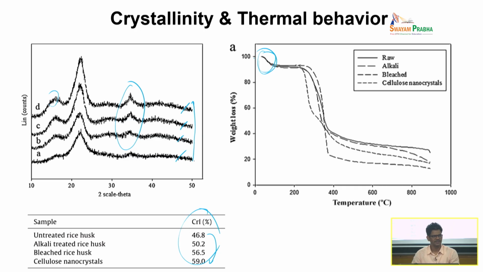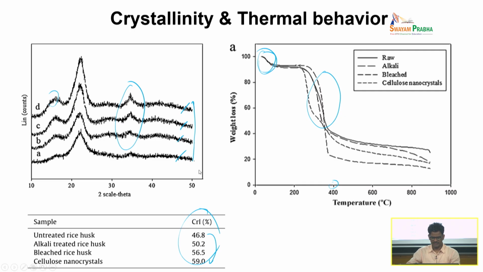Cellulosic materials are very hygroscopic, they always absorb moisture. So the initial drop is removal of moisture, and then pretty much all of them have a deep decrease at about 400 degrees Celsius. Beyond this the material will degrade. So this kind of TG analysis will tell you what operating temperature you should manage this product at without any degradation.